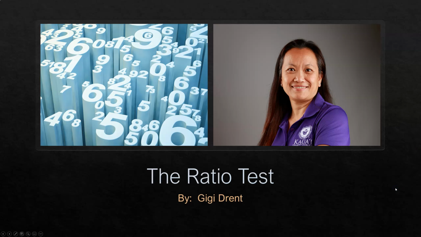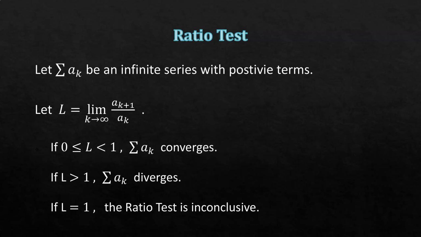Okay, so suppose you have an infinite series with positive terms, and when you take the limit of the ratio of the k plus first term divided by the kth term, as k goes to infinity, it equals some number L. Well, L could be in these scenarios.